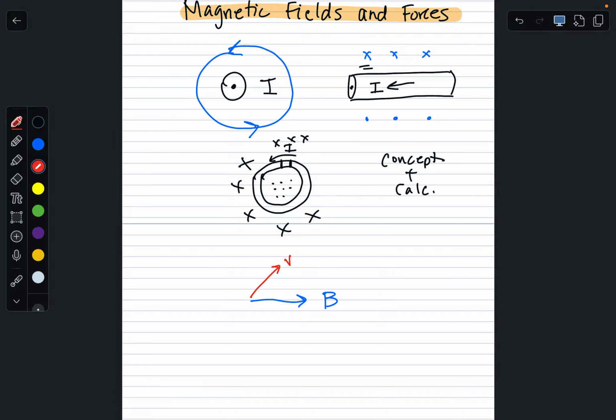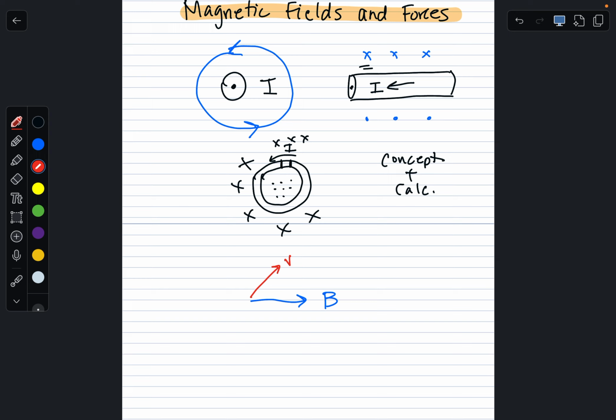So it's kind of a two-stage process. First, the current is making the magnetic field, so I need to figure out what that is. I put my thumb in the direction of current, making sure I'm looking at the right side of my thumb, and you can see my fingers are going into the page. So B is into the page.